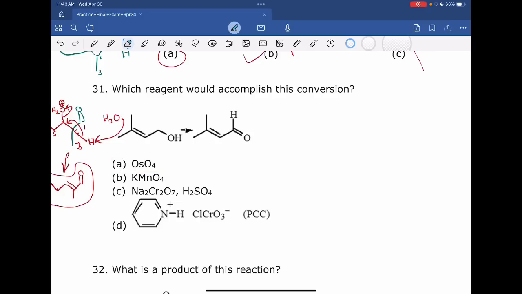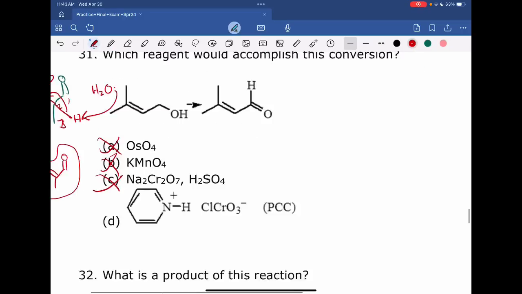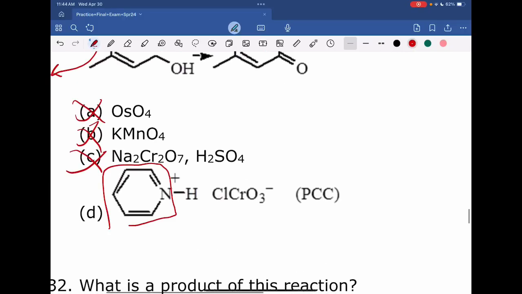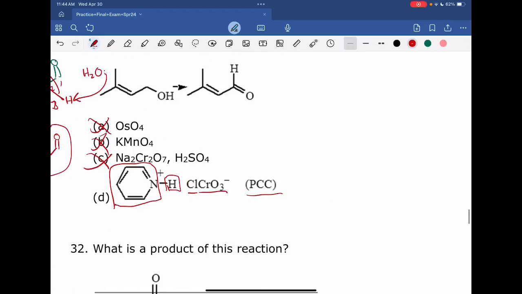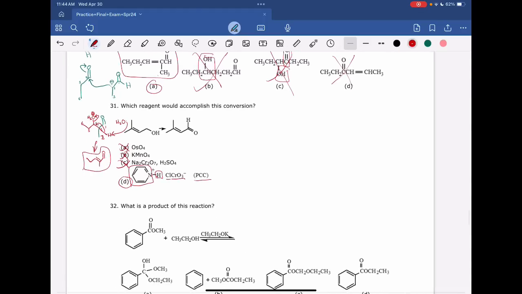So it's not OsO4. KMnO4 and Na2Cr2O7 will give you a carboxylic acid. They're not going to stop at the aldehyde. They're way too strong for this, and will give you a carboxylic acid. And that's not what you want. So B and C are wrong. And D is PCC, and this is pyridine. It's an ion because of this H, so it's pyridinium chlorochromate, PCC. So it's D.